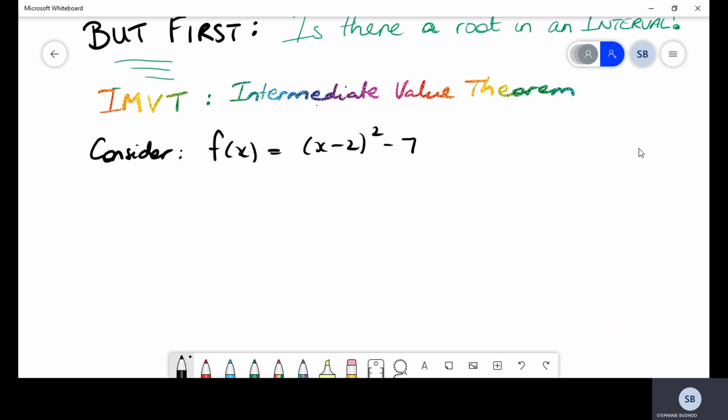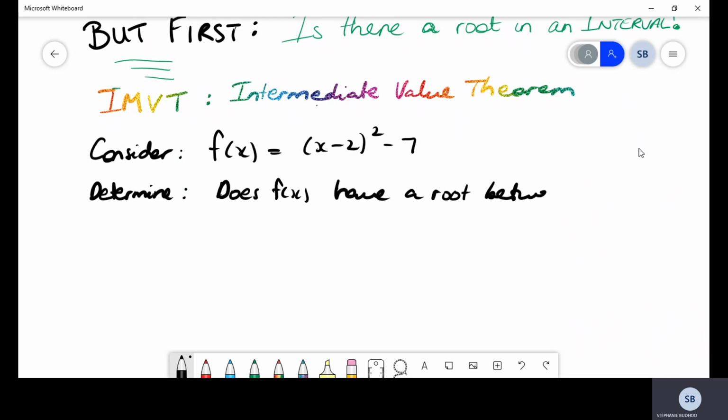This is a quadratic. They want to determine if this function has a root in the interval 4 and 5.